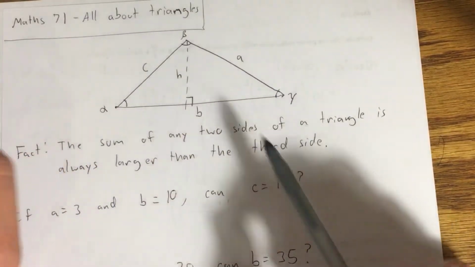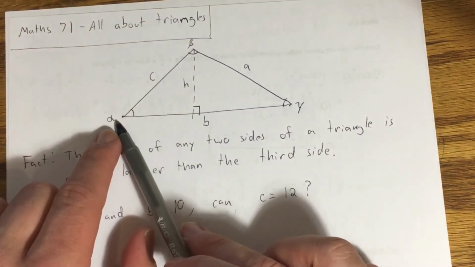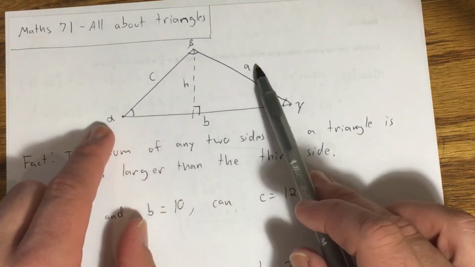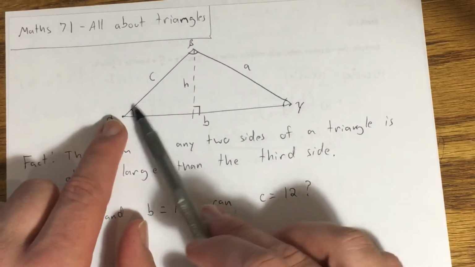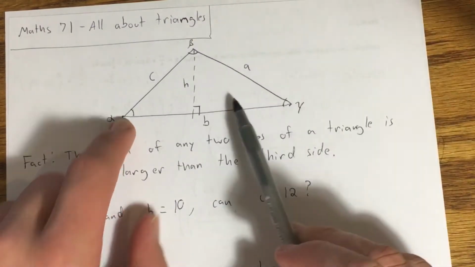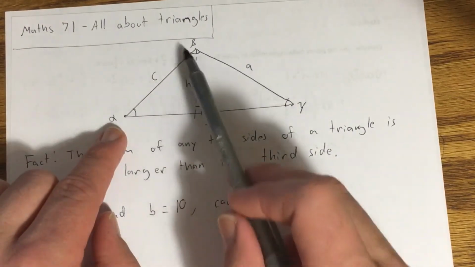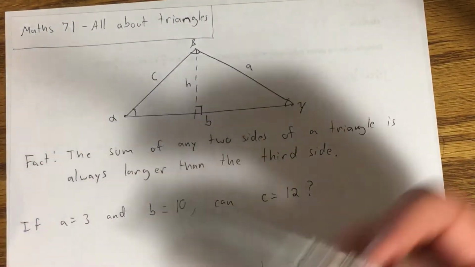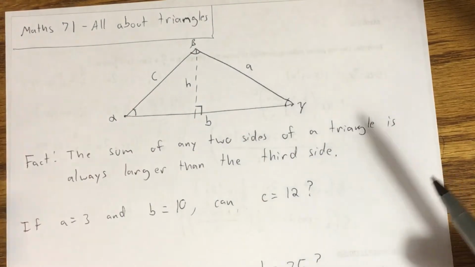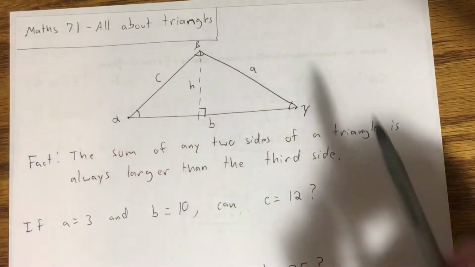In addition to that, there's a convention that's always followed. Angle alpha and side A are always opposite each other. So you notice side A is opposite angle alpha, side B is opposite angle beta, and side C is opposite angle gamma. And that's because alpha, beta, and gamma are basically the letters A, B, and C in the Greek alphabet. So they correspond to the A, B, and C in that way.